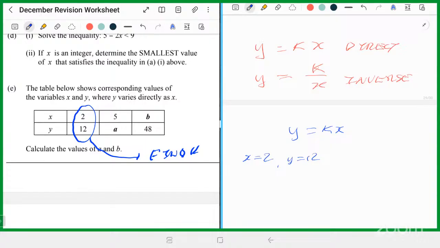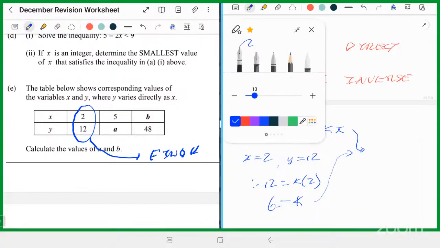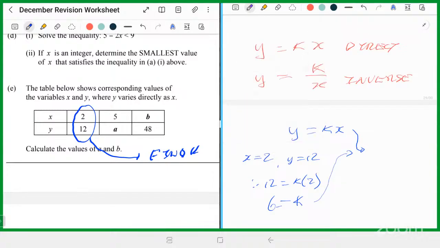Plug them in here. So the 12, which is the y, is k times 2. If you divide by this 2, you get k equals 6. So the k equals 6 everywhere up here. So basically, this and this combine to give us a relationship y equals 6x.